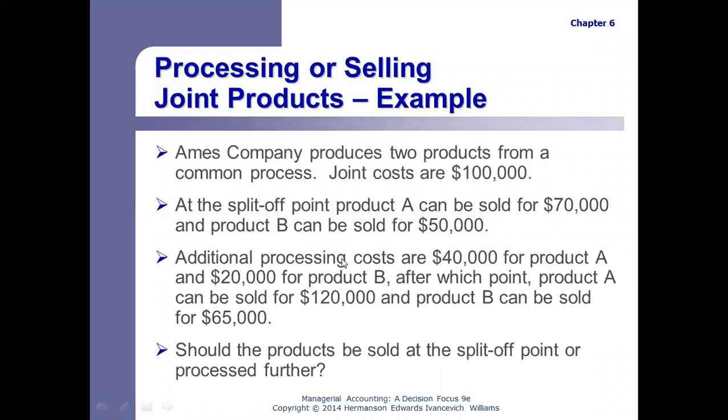Or, additional processing costs are $40,000 for product A and $20,000 for product B. So we can do more work on these two products. It'll cost us $40,000 in additional costs to do more work on product A, and $20,000 in additional work for product B. But after you do all that additional work, you could sell product A for $120,000 and product B for $65,000.